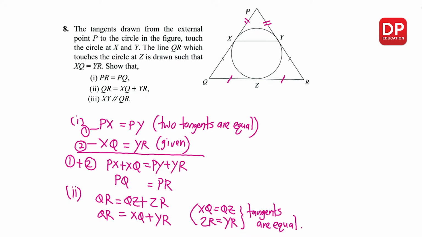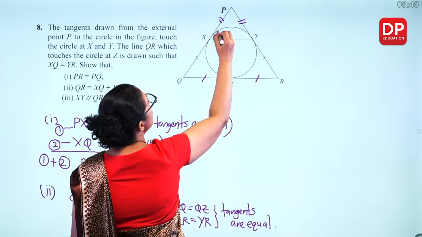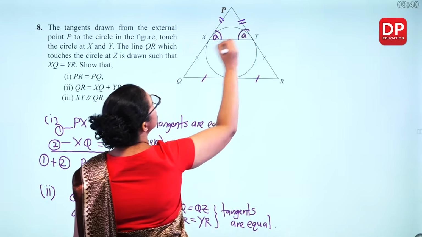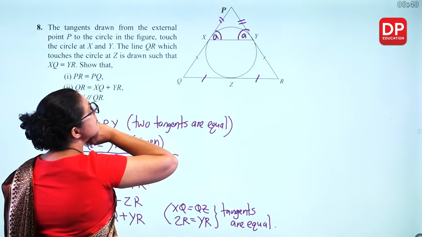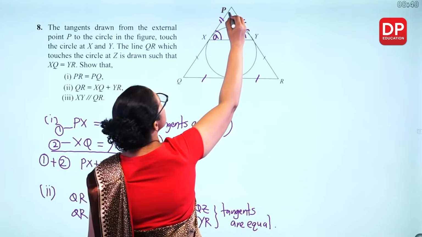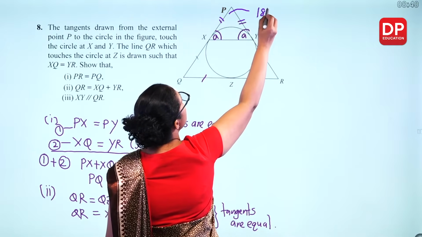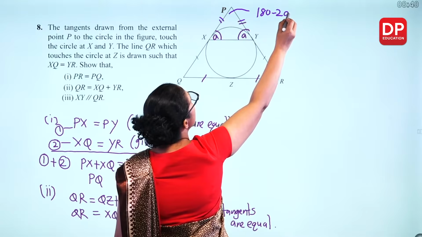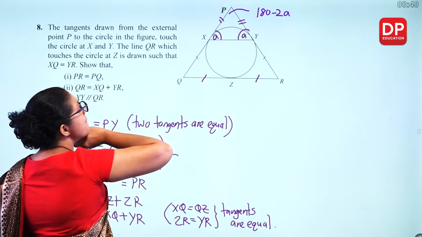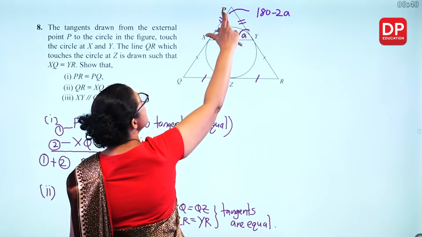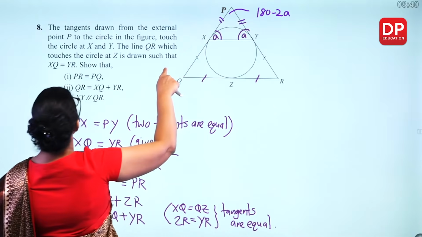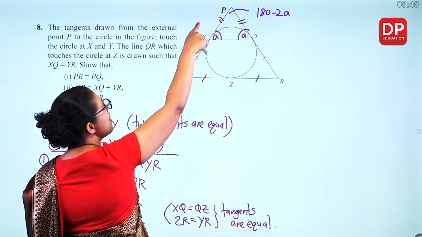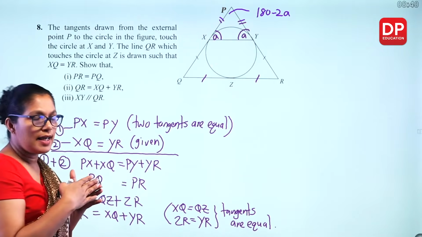PX and PY both are equal. If these two are equal, this angle is equal to this angle. What's this angle then? 180 minus 2A. Now we can see this length and this length. We showed that PQ and PR both sides are equal.